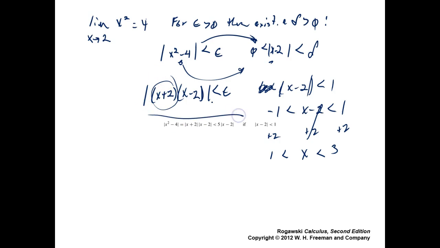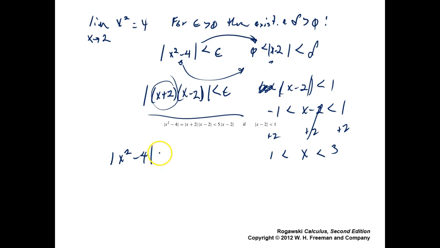This is what we're shooting for, to get that, okay? Absolute value of x squared minus 4 less than your epsilon, okay? And there is a theorem, and they kind of gloss over that, okay?